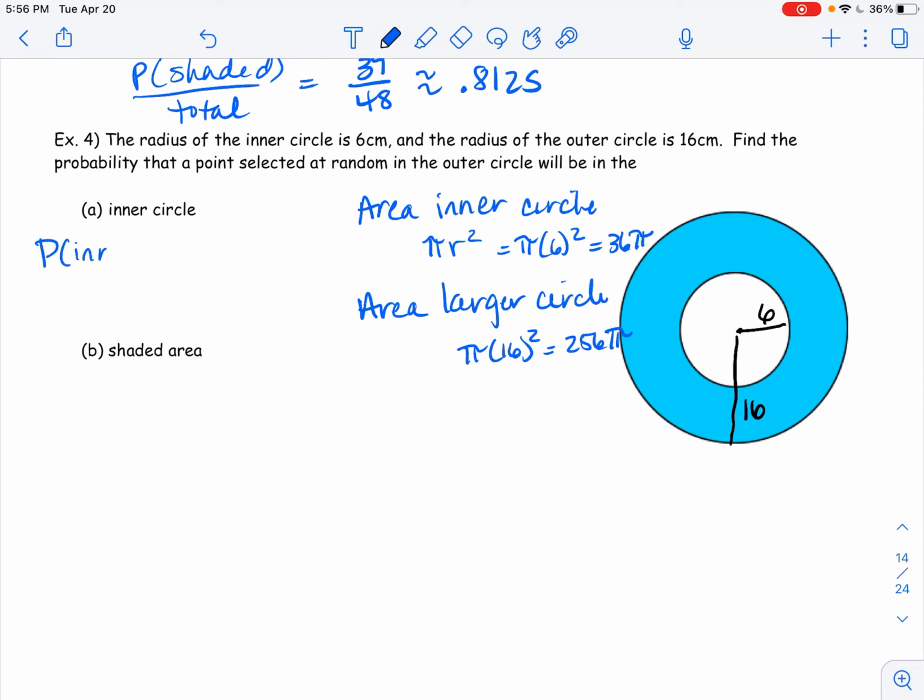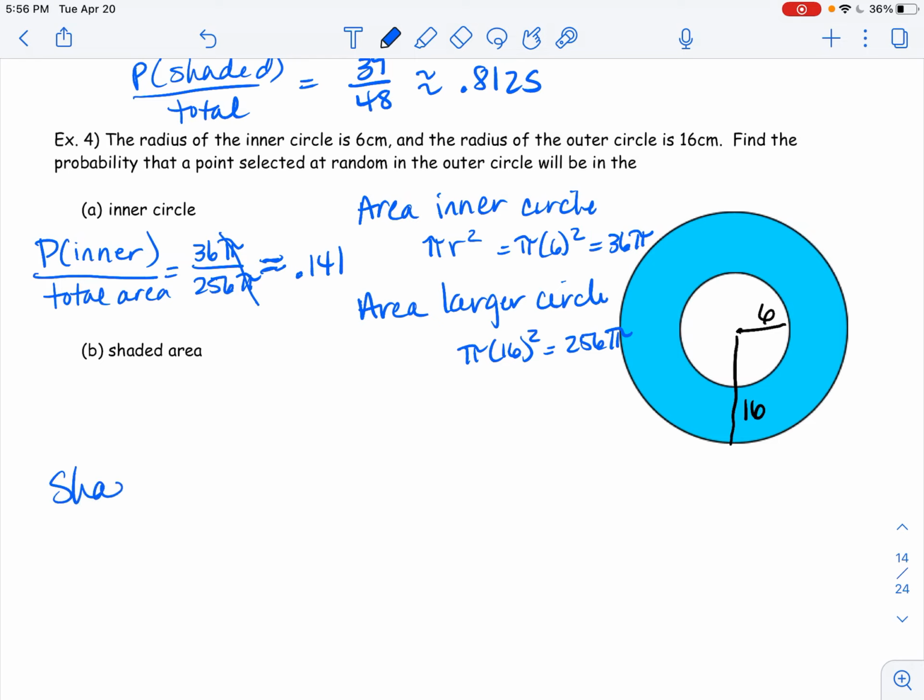Okay, so probability of the inner, given the total area, is 36 pi over 256 pi. The pi's will cancel, and 36 over 256 is approximately 0.141.